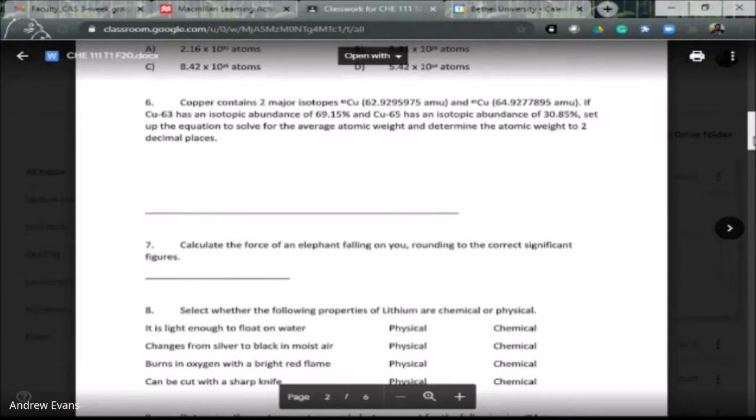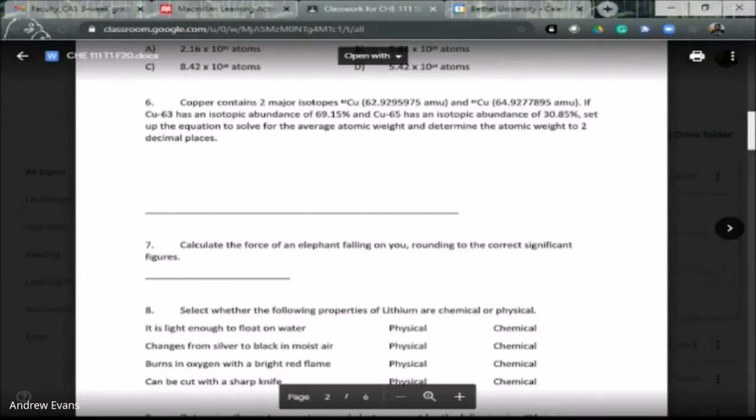All said and done, it just becomes mass times percent: 62.9296 times 0.6915 plus 64.9278 times 0.3085.